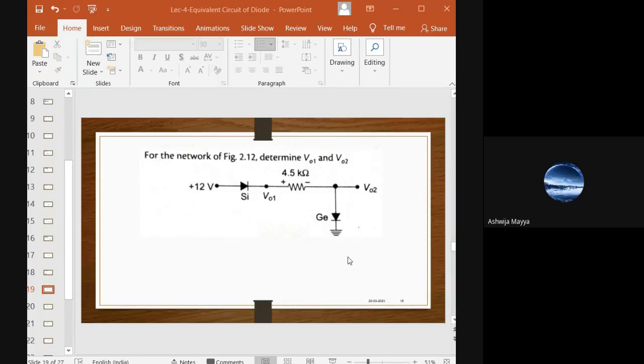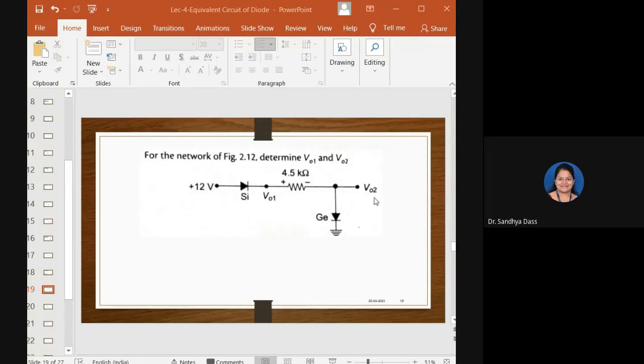No. See, to make this germanium diode conduct, how much voltage is required? 0.3, exactly. That is the cut-in voltage of this germanium type of diode, isn't it? So to make this diode conduct, the voltage applied 0.3 is enough. So that would be completing the circuit. The diode is conducting. I hope you are able to get that.